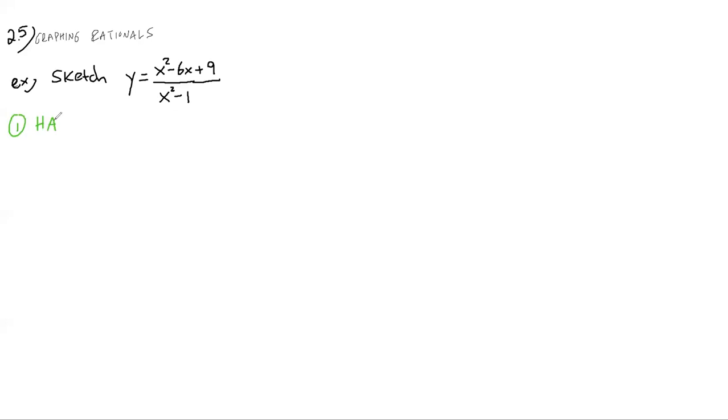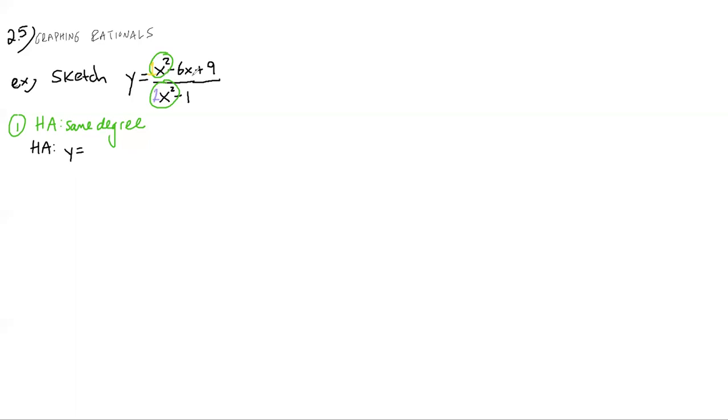So a horizontal asymptote doesn't require any type of factoring. If you remember, what we do is we look for the leading coefficient, or the leading term over the leading term. So if you recall, these guys have the same degree. So what we'll do is get the y equals, we take the lead coefficient of the top term, which would just be like a 1, divided by the lead coefficient of the bottom term, which is also 1.